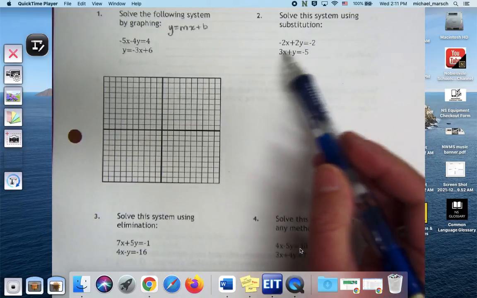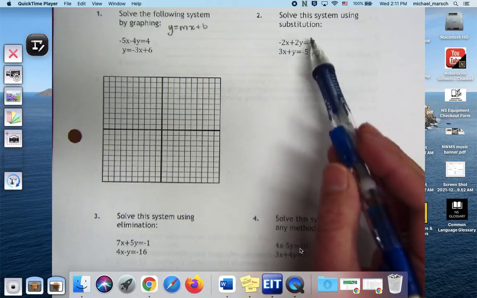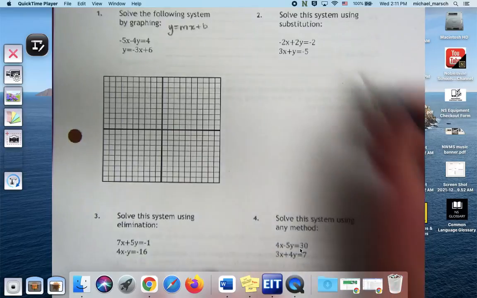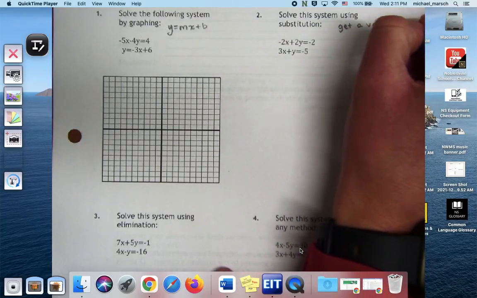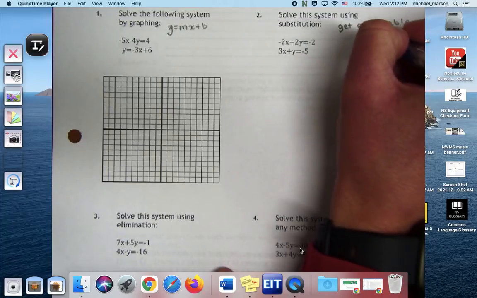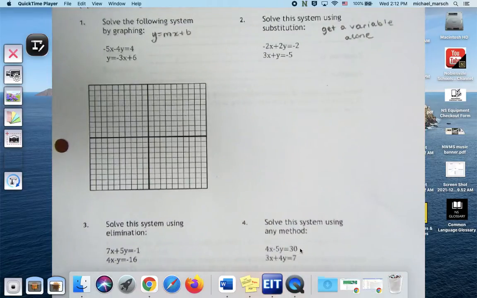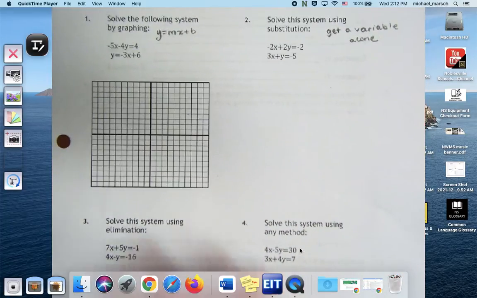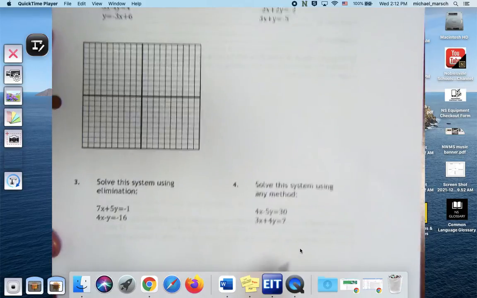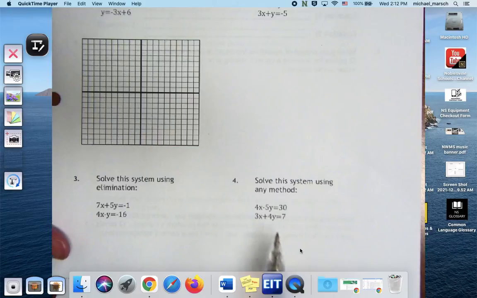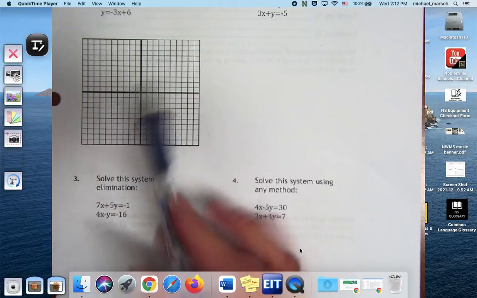Substitution, so you're going to need to get one of these variables by itself. Elimination is pretty self-explanatory, and then this last one, I genuinely don't care how you solve it. I would not advise graphing, but it's up to you.